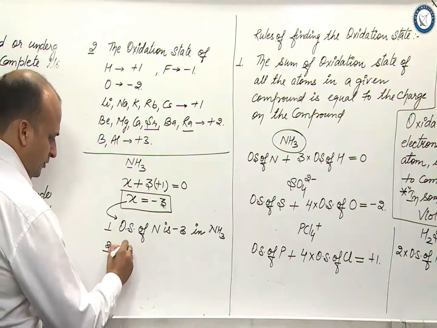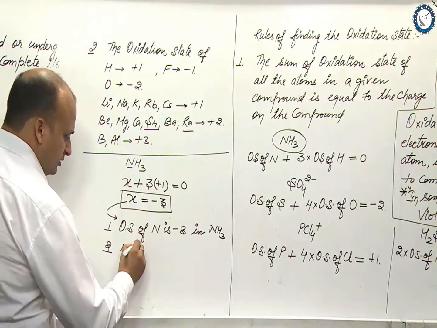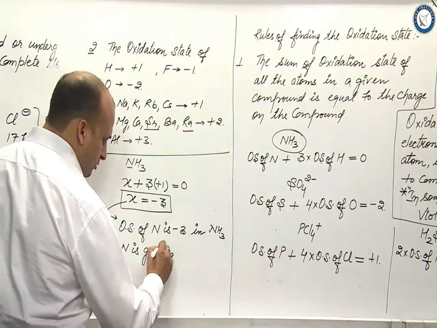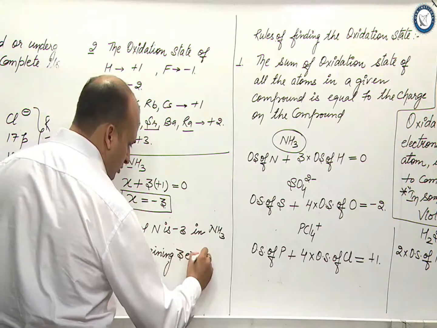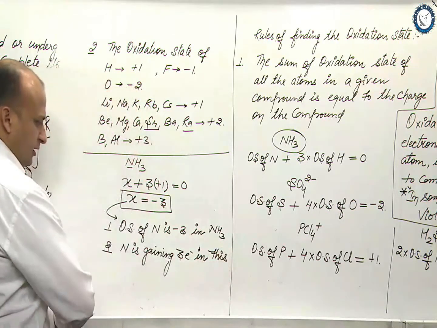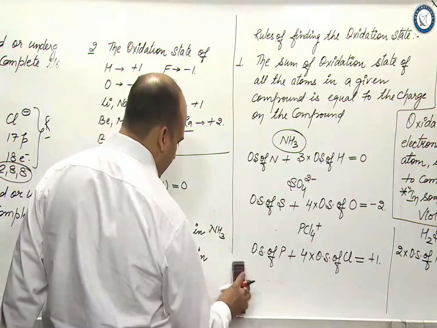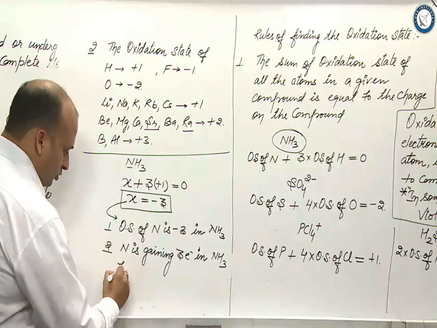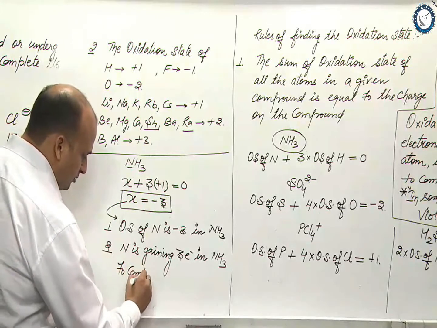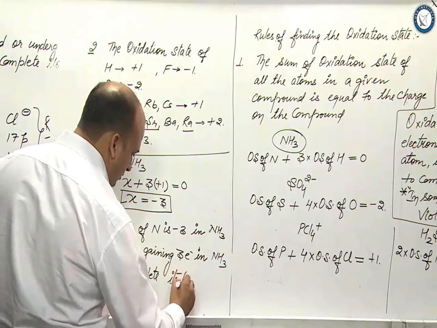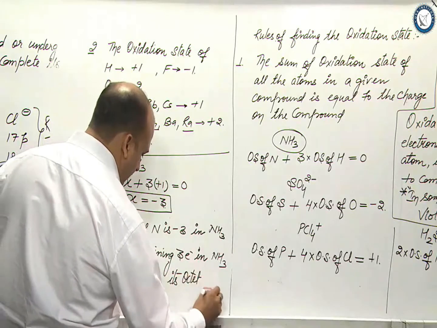This is the first way of reading. Second way of reading, nitrogen is gaining 3 electrons in NH3 to complete its octet.